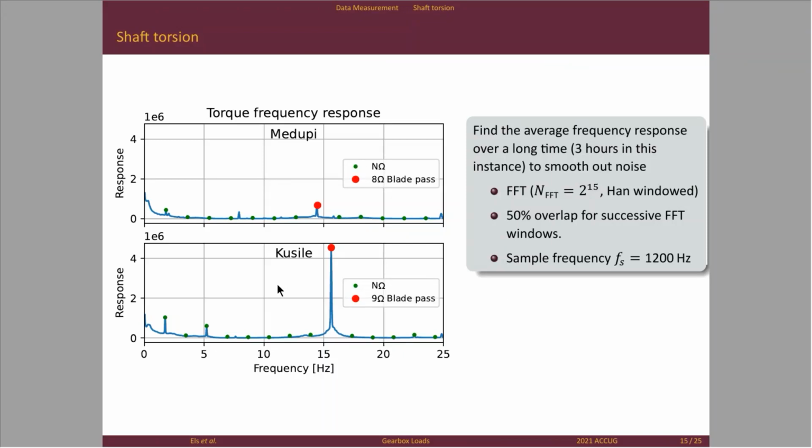On the Kusile side, because they've got 9 blades, the blade pass frequency, the 9th multiple of the rotation speed, has got a very large peak. And if you stand on the bridge of the ACC, you can feel that vibration. For one reason or another, the blade pass frequency excites a lot of stuff at Kusile.